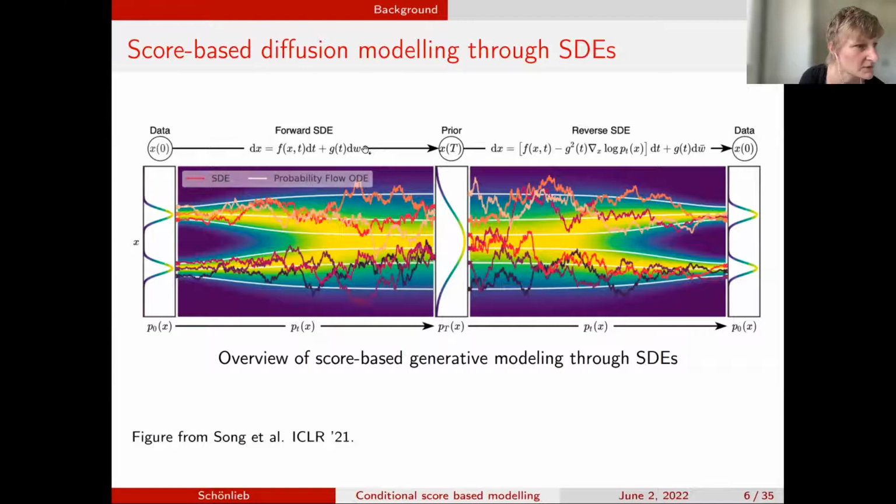Yes. Okay. Can I ask as well? So your forward flow is a flow, or whatever we call it, diffusion, from your actual distribution to a reference distribution, like a Gaussian, let's say.